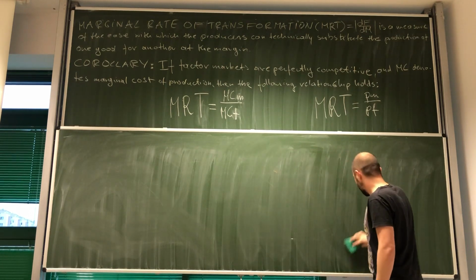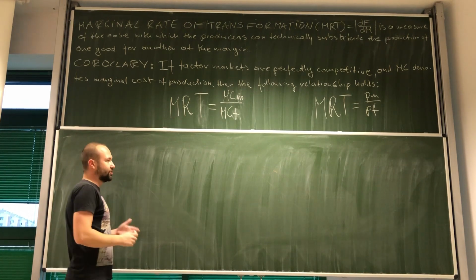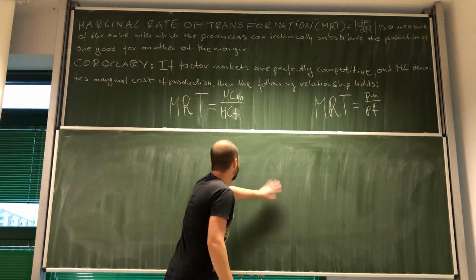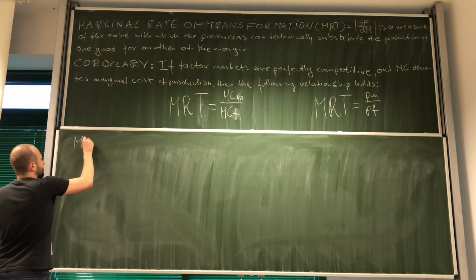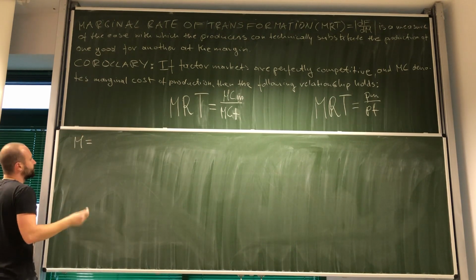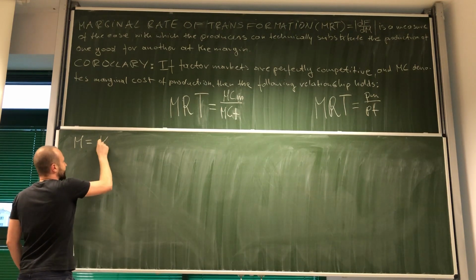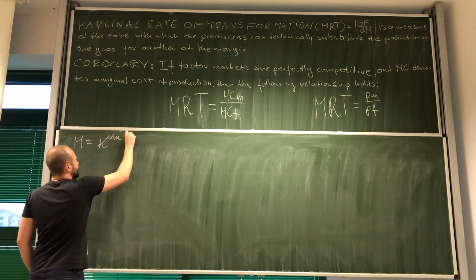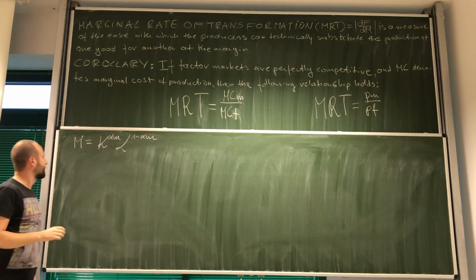So, let's consider the production functions that we were discussing before. We had manufacturers produced according to a Cobb-Douglas production function, K^(α_m) times L^(1−α_m).